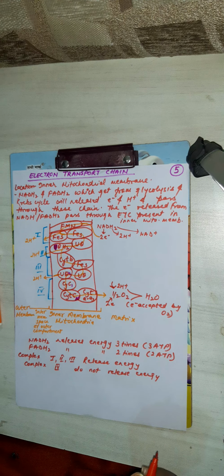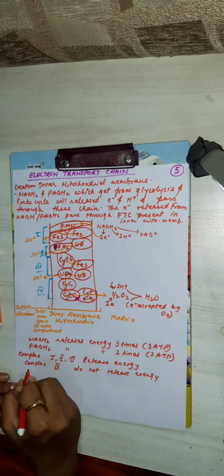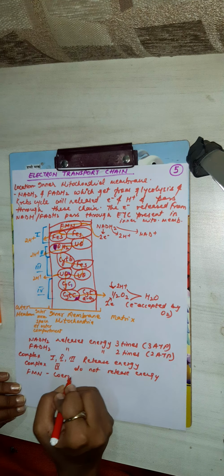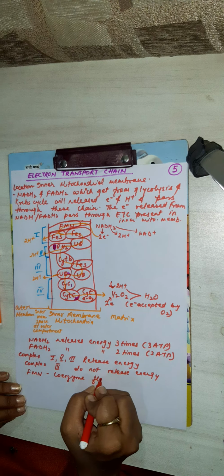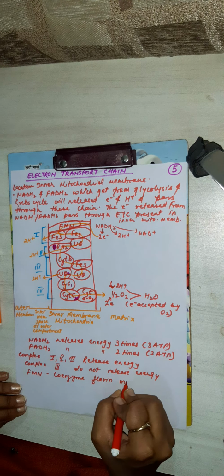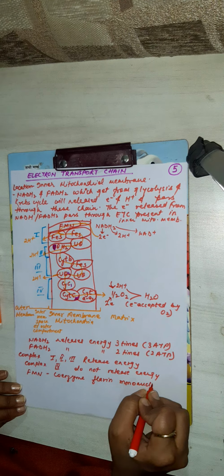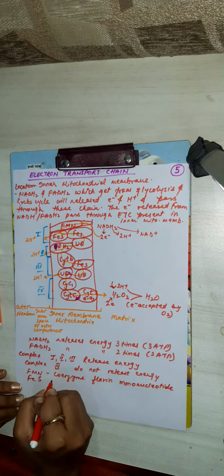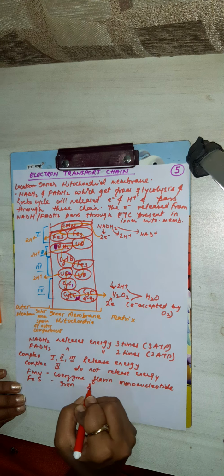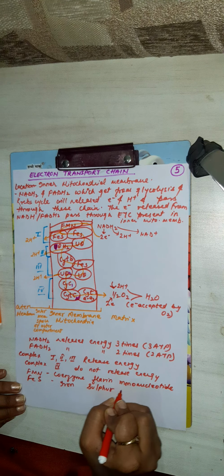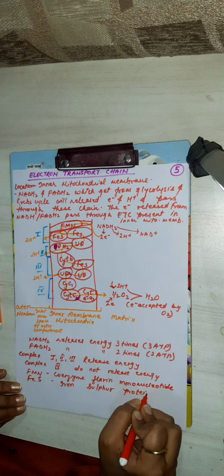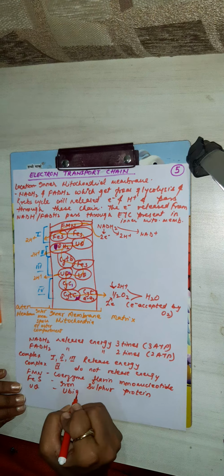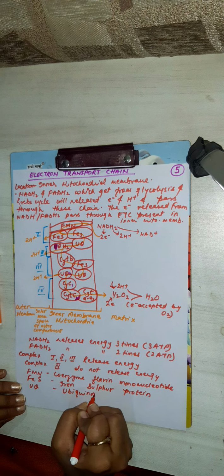So this is all about it. And what is FMN? It is a coenzyme, flavin mononucleotide. FeS is iron sulfur protein. UQ, or UBQ, is ubiquinone.